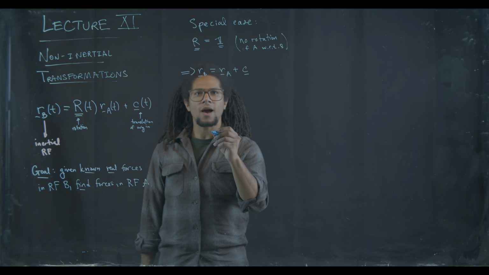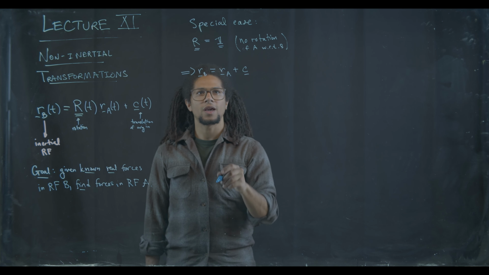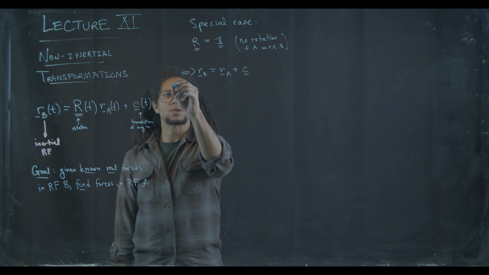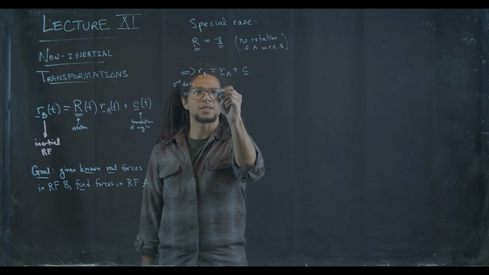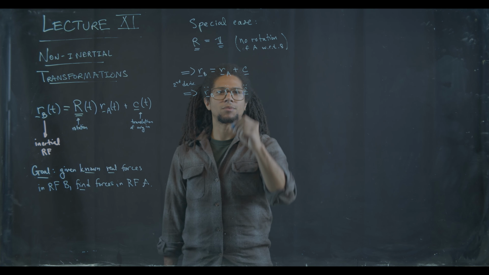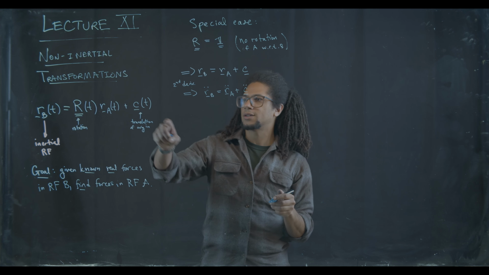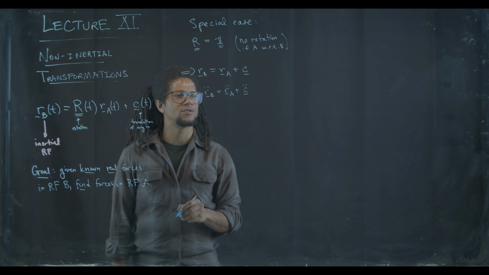Okay, now if I want to get Newton's second law in here, what I need to do is take a second derivative of this equation. So second derivative. This implies r_B double dot is equal to r_A double dot plus C double dot. Great. Remember that C is a vector, but it does depend on time. And so this second derivative does make sense.